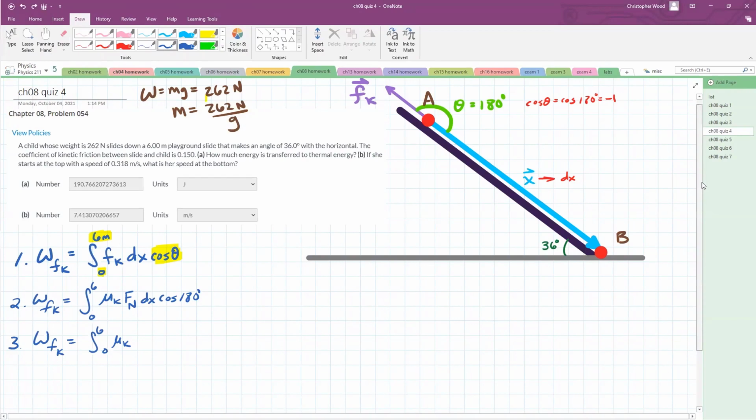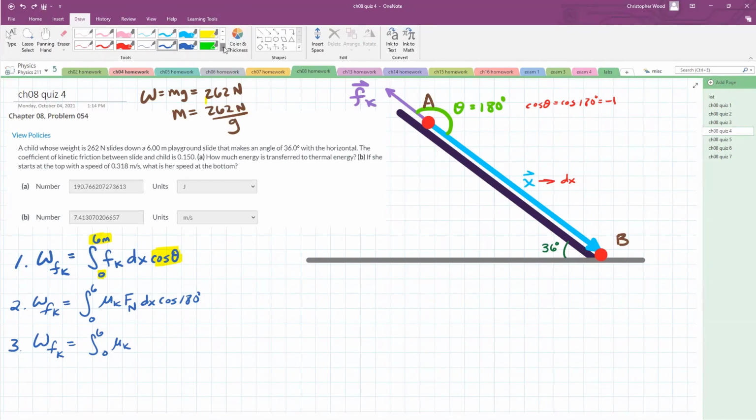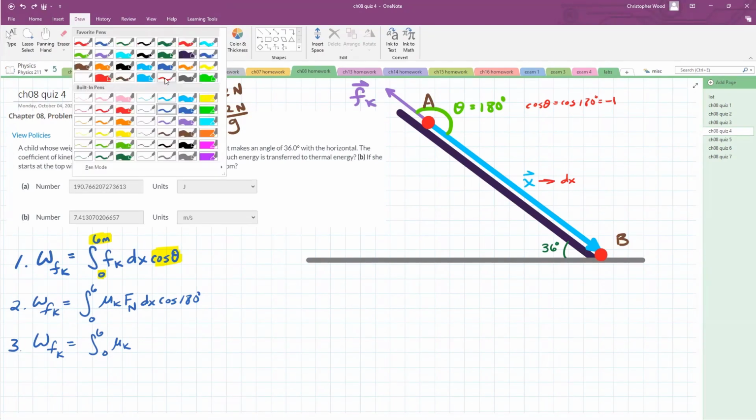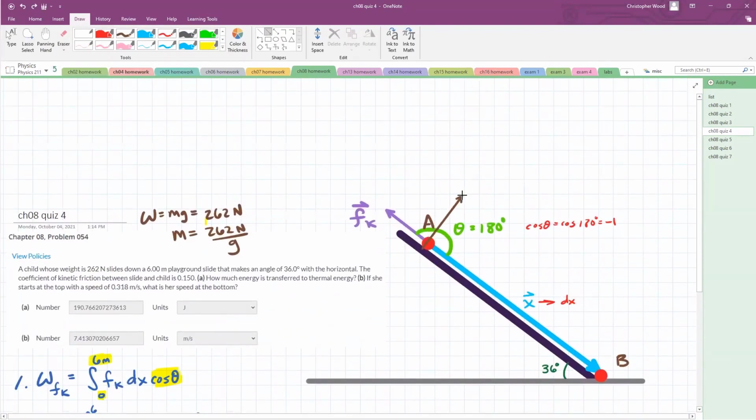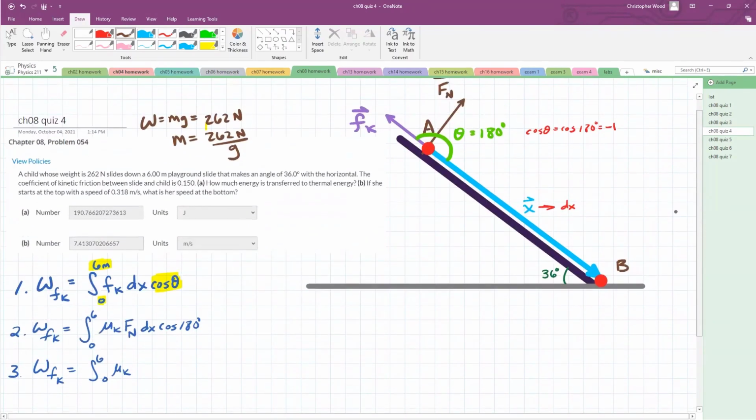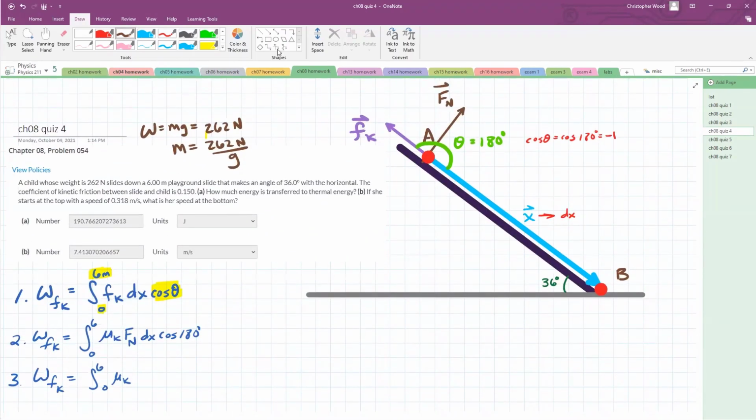So you know what, this is a job for a free body diagram. Here are my forces. I have the normal force, F subscript N. This is my weight force, going straight down.